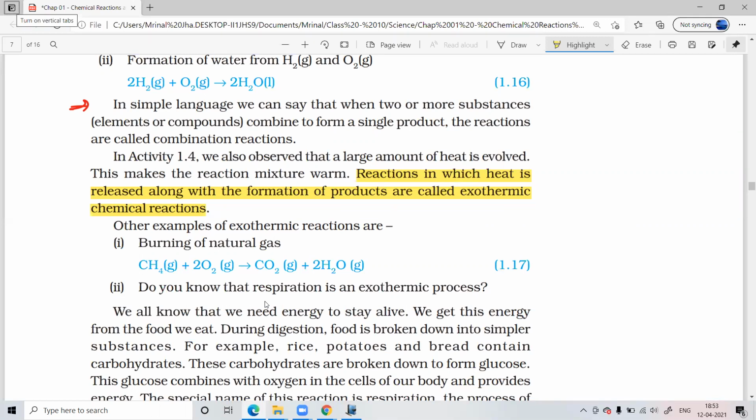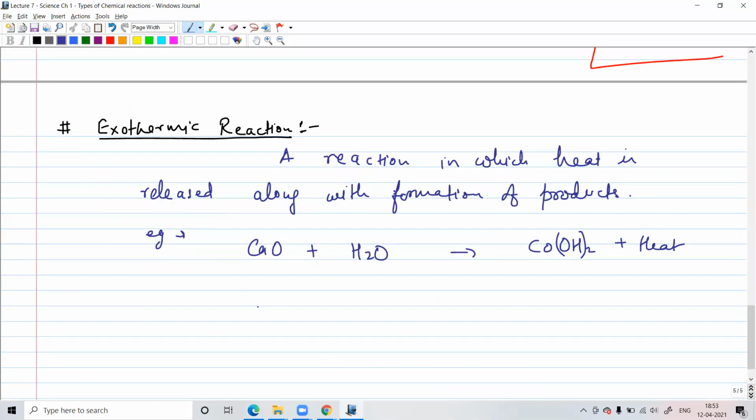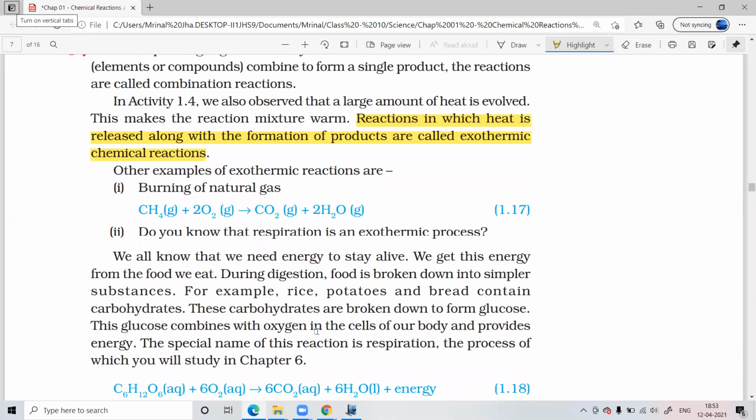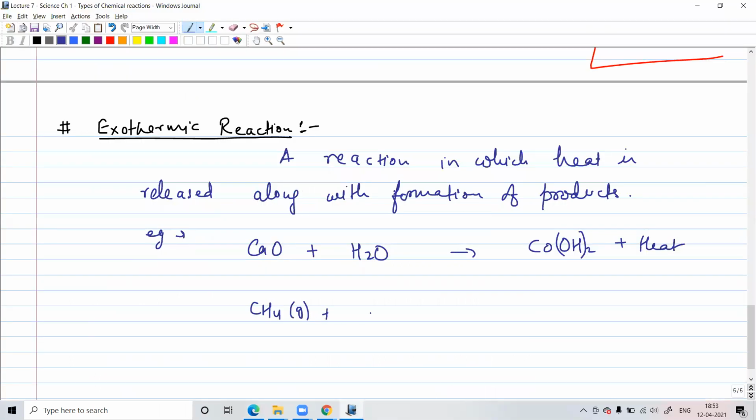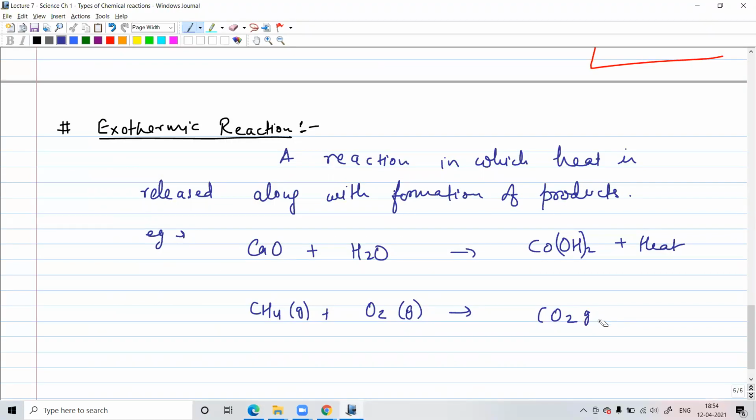So burning of natural gas, you are actually making methane, CH4, react with oxygen. Burning of coal was carbon with oxygen. Burning of natural gas, methane with oxygen. So CH4, which is a gas, burning means we are making it react with oxygen, of course, chemically. And then what is formed? When something burns, carbon dioxide is most of the time formed. If there is enough oxygen, then carbon dioxide will be formed, especially if it is a carbon compound.